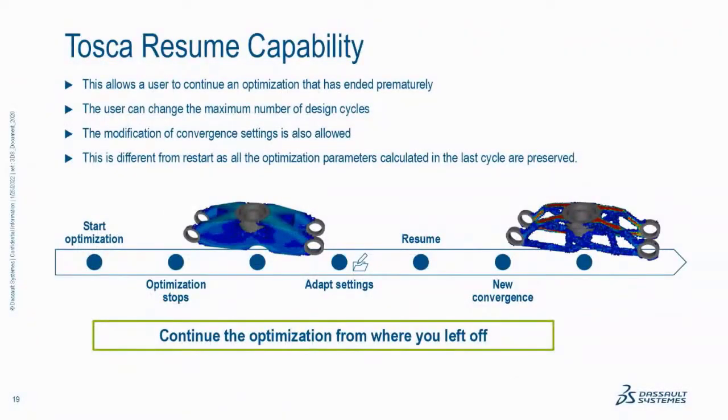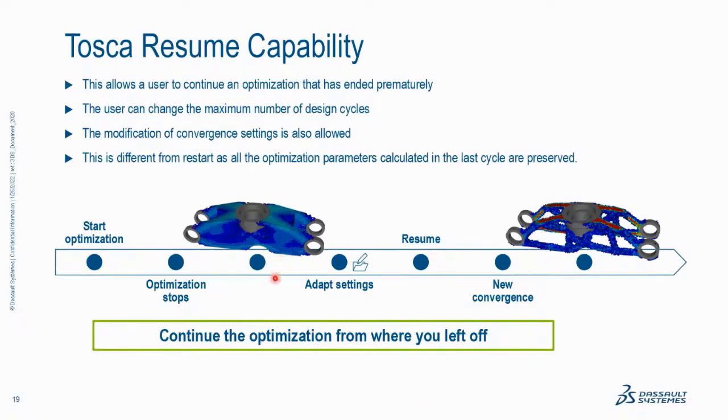Then we have an exciting feature. It's the Tosca resume capability. The idea is, let's say you have an optimization which runs to a certain number of iterations, and then Tosca says it has converged, but your result looks something like this here, which is not really what the user expects.